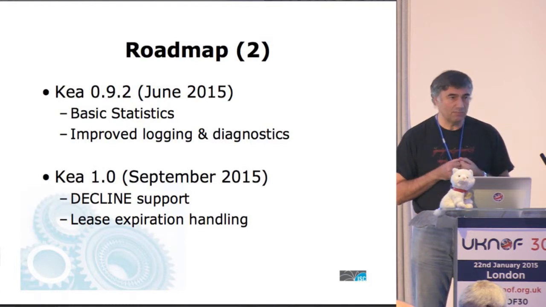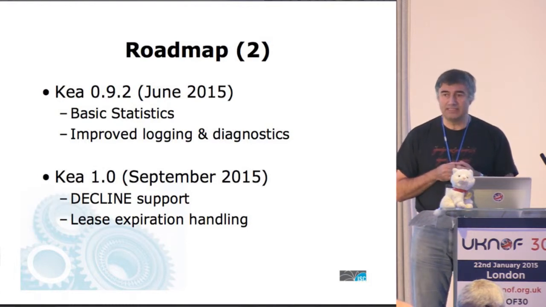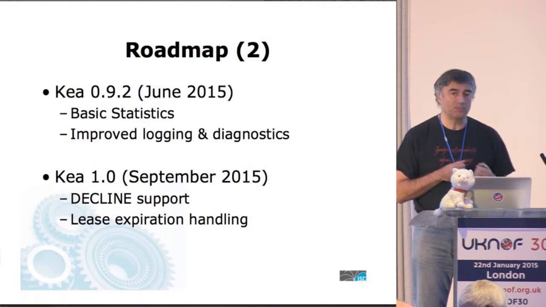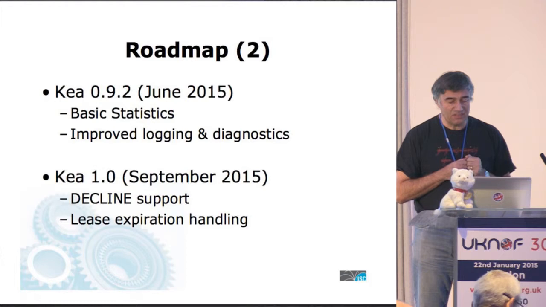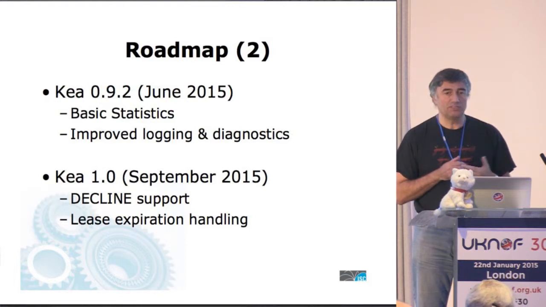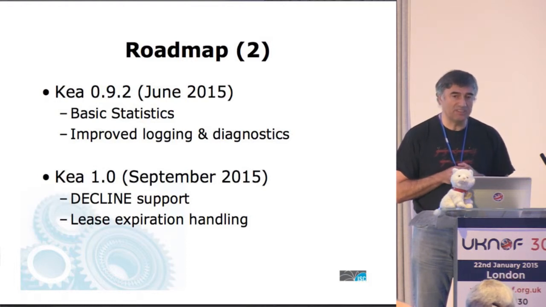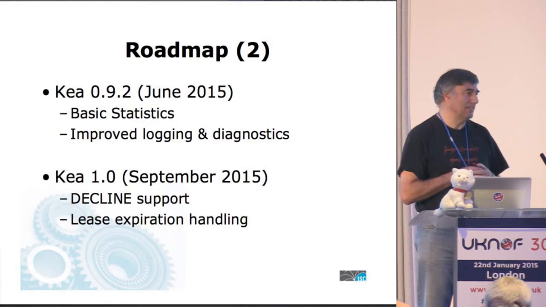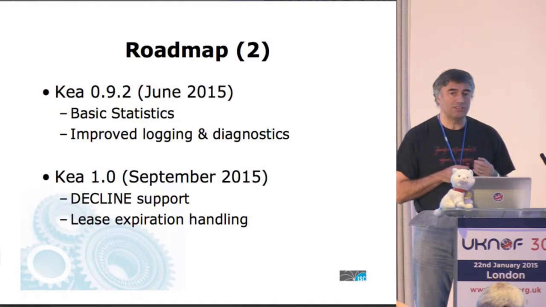At the moment, Kea reuses leases when they expire, but it doesn't clean up after them. This feature will clean up the information, remove it from the database, and provide a hook where you can add your own lease expiration processing.